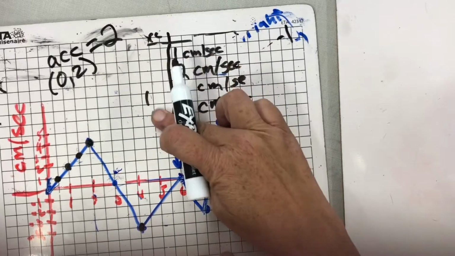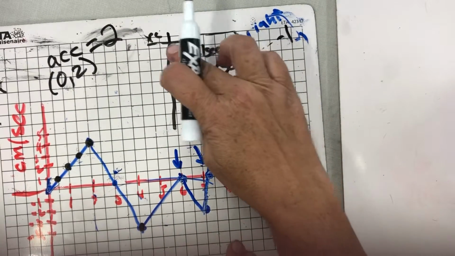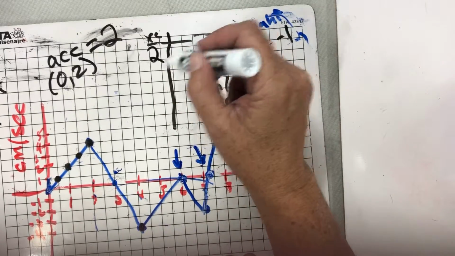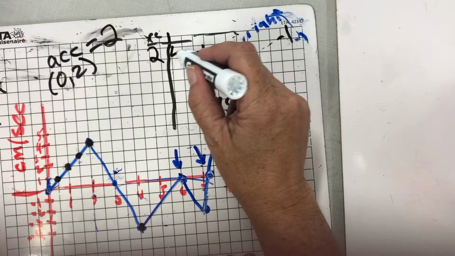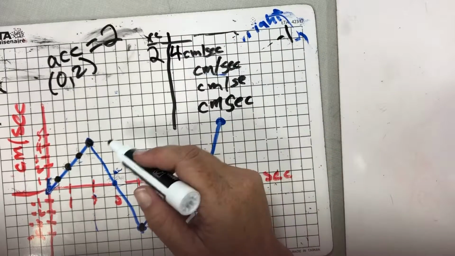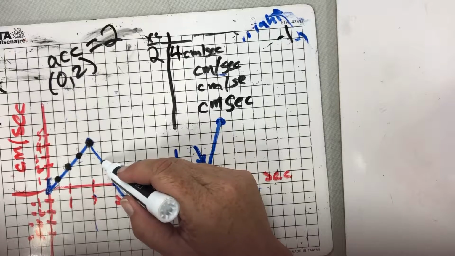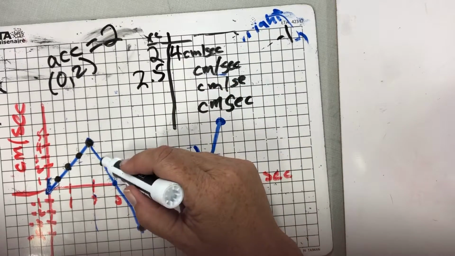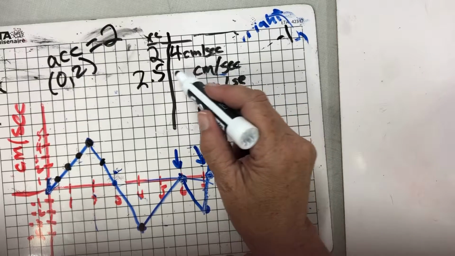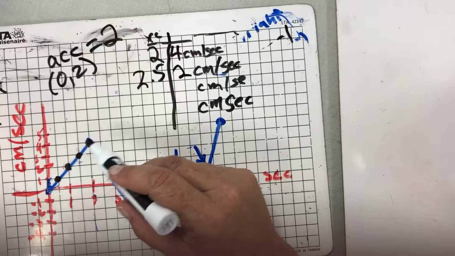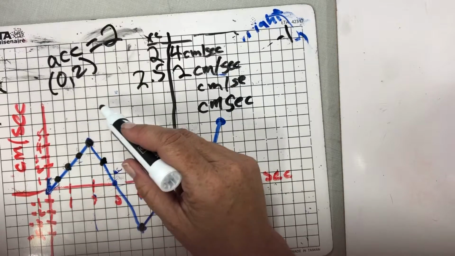So now let's look at what happens on the interval 2 to 4. At 2 seconds, the particle has a velocity of 4 centimeters per second. I'm just reading the graph. At 2.5 seconds, the particle has a velocity of 2 centimeters per second. Now these are still positive velocities. This particle is still moving right.